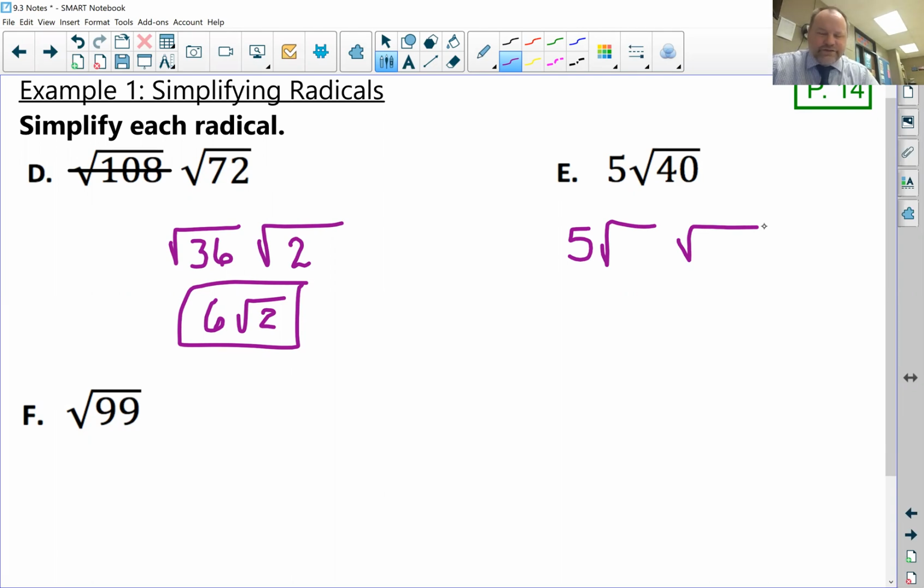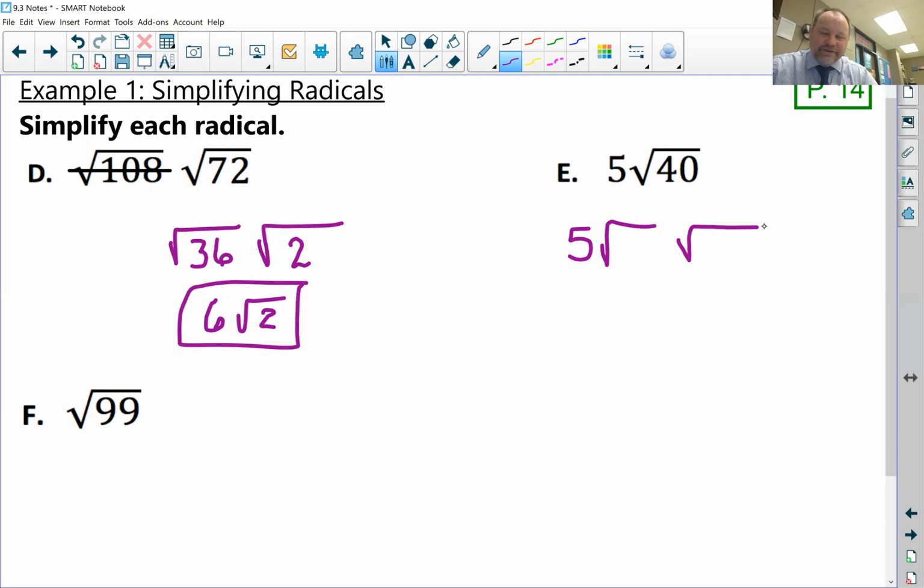And so I check, does 36 divide evenly into 40? No, 40 divided by 36 gives me 1.1 repeating. Then I check 25. Does 25 evenly divide into 40? No, that would be 1.6, I believe.